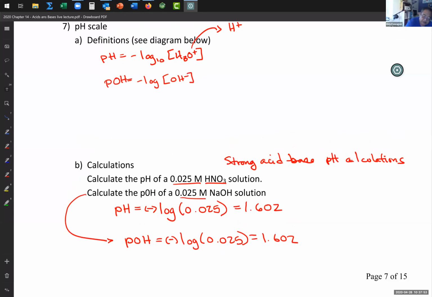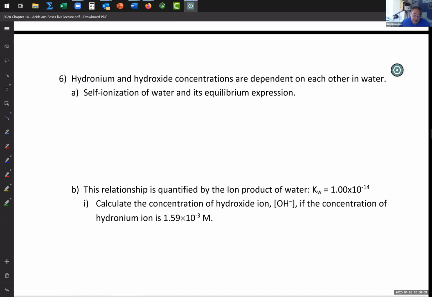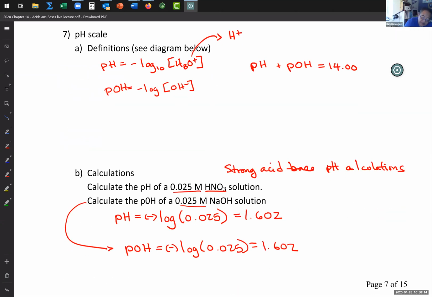Here's stage two. pH plus pOH equals 14. Now I'm not going to spend a lot of time explaining that right now. I explain it a little bit up here. And the other relationship you need to know is Kw, which is an equilibrium constant, is the concentration of hydronium times the concentration of hydroxide.